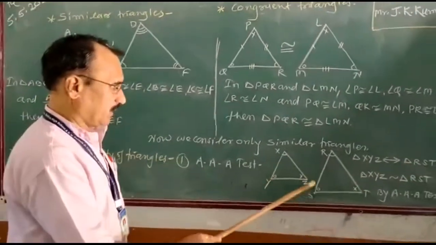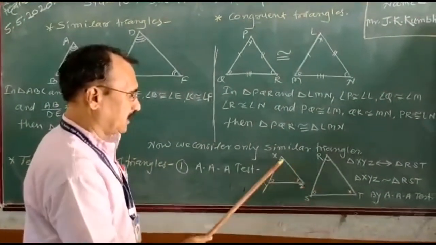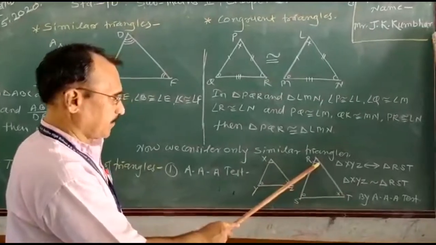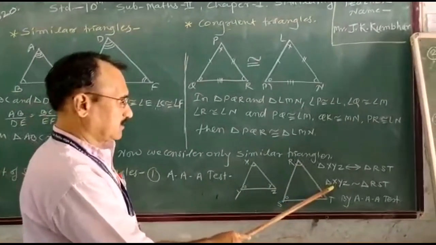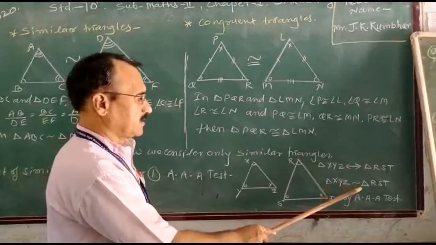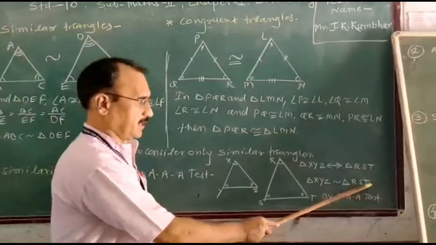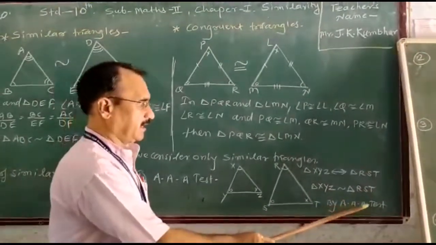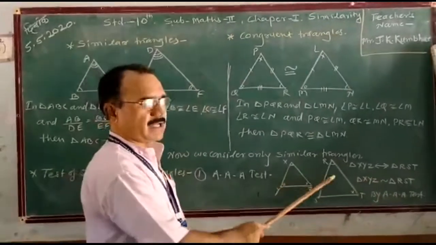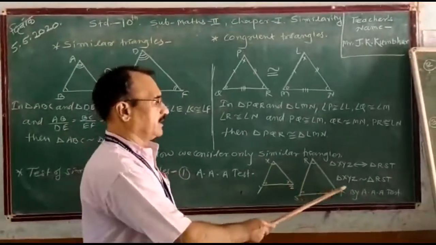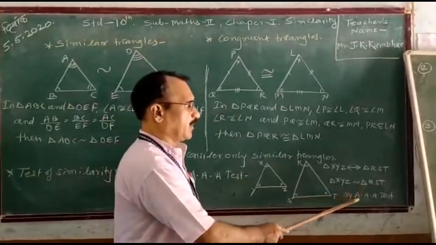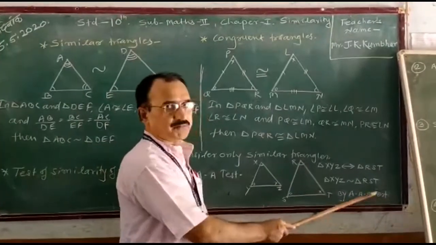These two angles are congruent, these two angles are congruent, and these two angles are congruent. That means triangle XYZ is similar to triangle RST by the AAA test, because the corresponding three angles are congruent, therefore these two triangles are similar.